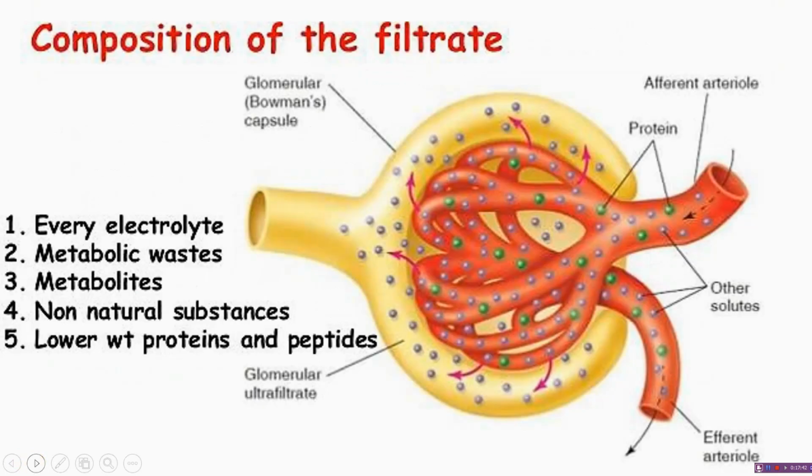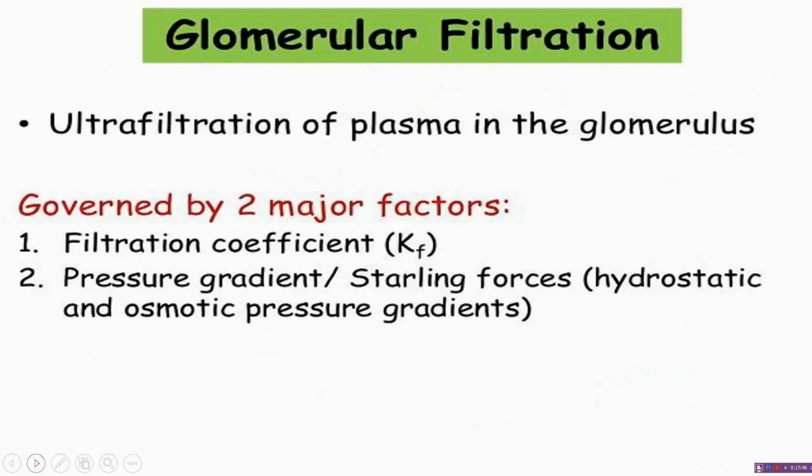So, it contains electrolytes, metabolites, metabolic wastes, and some low molecular weight proteins and peptides. Now, the ultrafiltration or the glomerular filtration is governed by two major factors. First is the filtration coefficient, and second is the pressure gradient or the Starling forces.